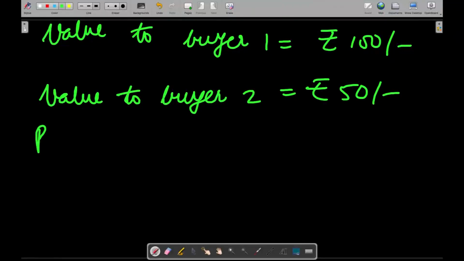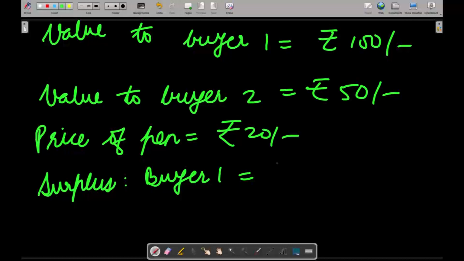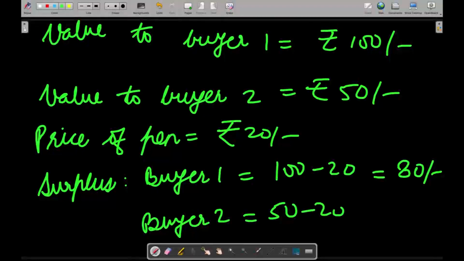Now, if this pen is available for a price of 20 rupees, then the surplus for buyer 1 is 100 minus 20, which is 80 rupees, and the surplus for buyer 2 is 50 minus 20, which is 30 rupees.